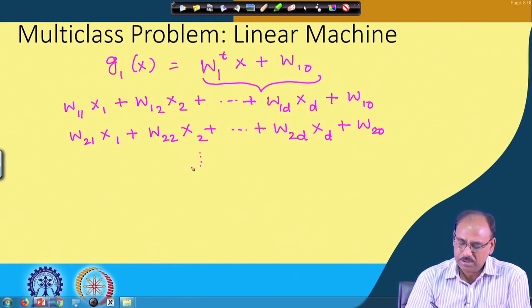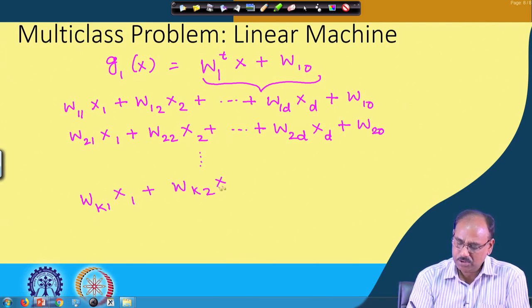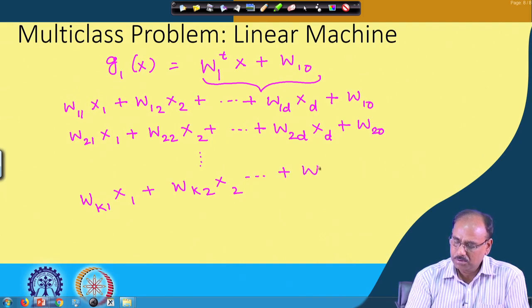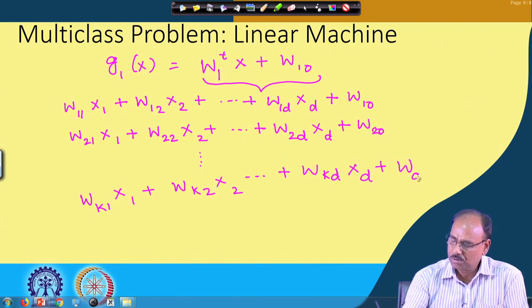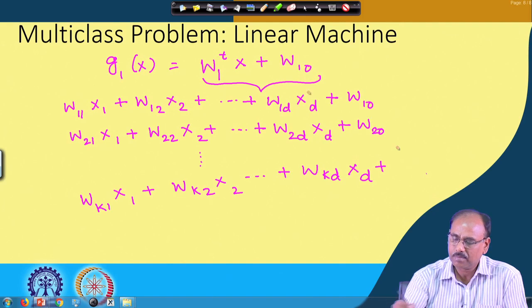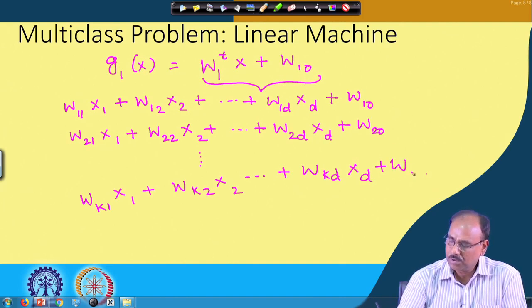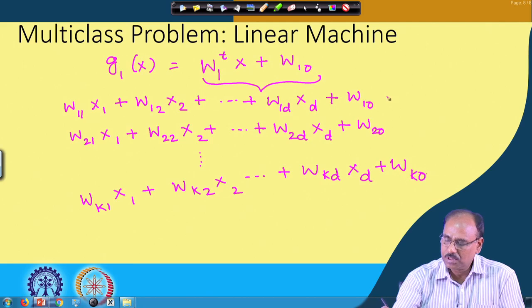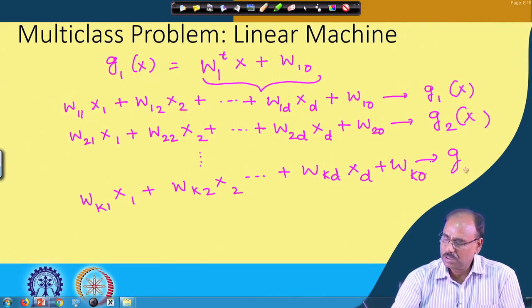So, g k x will be of the form w k 1 x 1 plus w k 2 x 2 ... w k d x d plus w k 0. So, this is your discriminant function g 1 x, this is the discriminant function g 2 x, this is the discriminant function g k x.